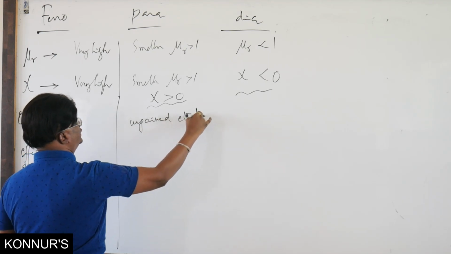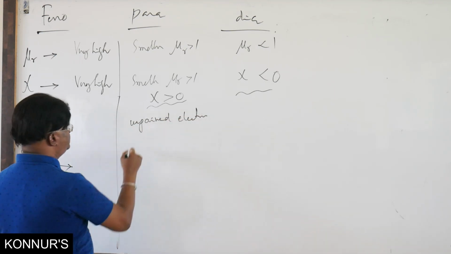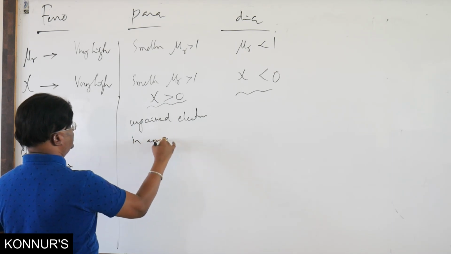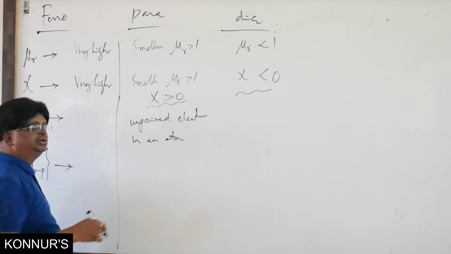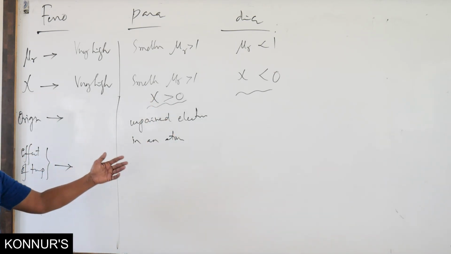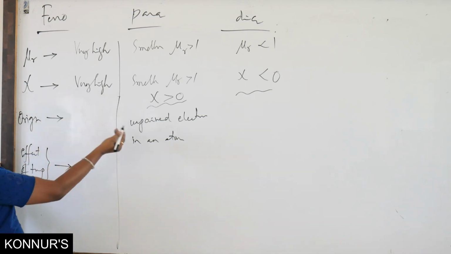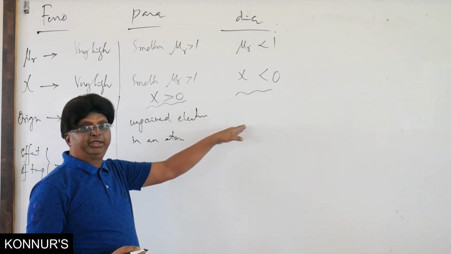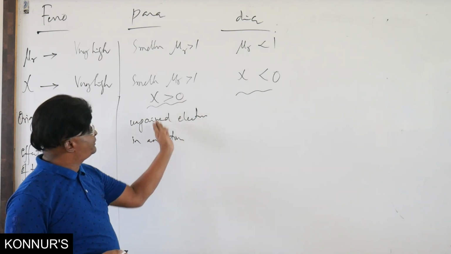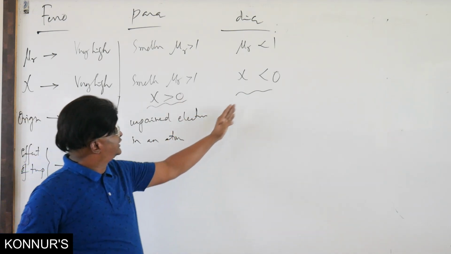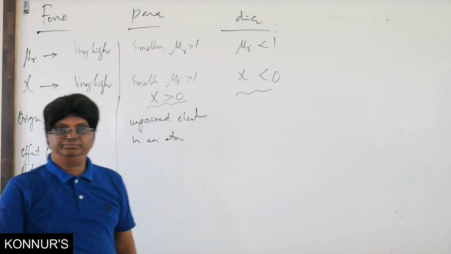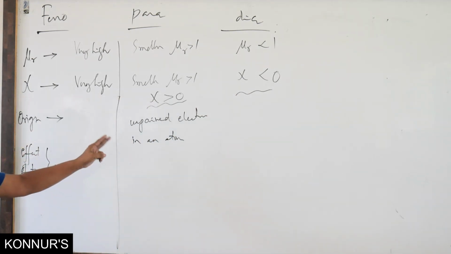Unpaired electrons, the lone electrons in an atom, are responsible for paramagnetism. When the paramagnetism is more pronounced, that is what is given as ferromagnetic materials, whereas for diamagnetic materials it will be the opposite case. The absence of unpaired electrons is responsible for diamagnetism. So these paired and unpaired electrons you do remember.